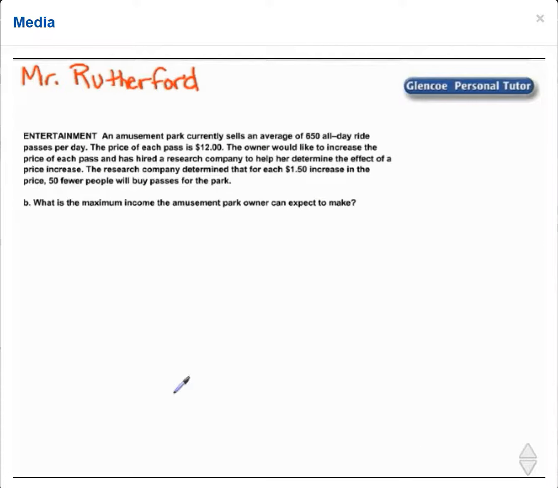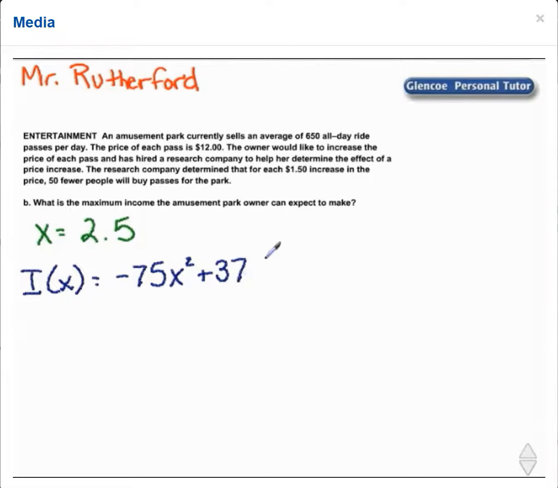B. What is the maximum income the amusement park owner can expect to make? Well, we found in Part A that our x, which was the number of times that the owner would increase the price, equaled 2.5. So we're going to need to substitute that into our function. Our function, I of x, equals negative 75x squared plus 375x plus 7,800.